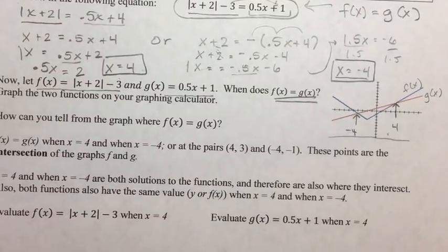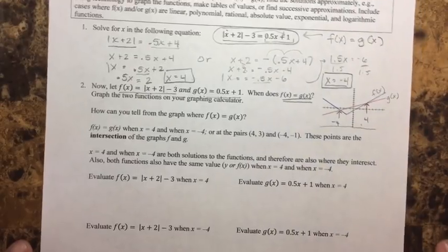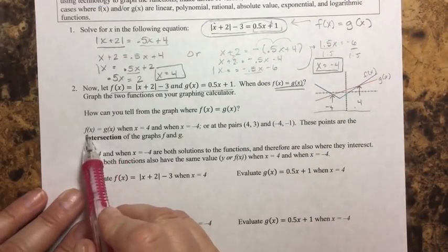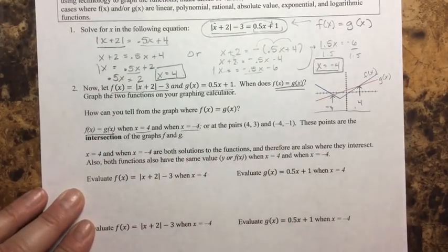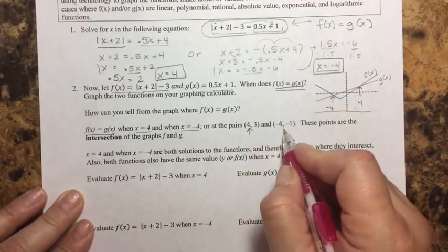Now, let's look right here. Let me zoom back up, there we go. When f of x equals g of x, right here, this is true when x equals 4 and when x equals negative 4, or at these ordered pairs.